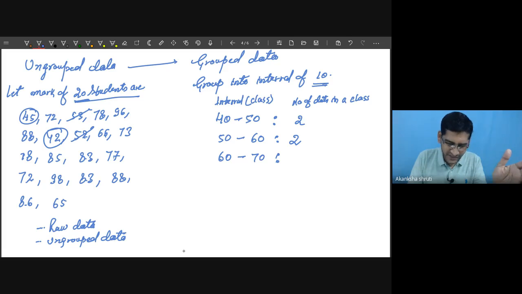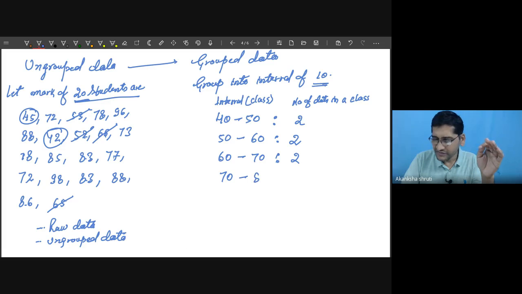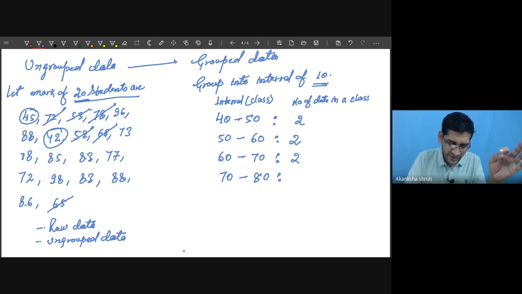Here we observe 66 is one, and 65 is the second, so also 2. Then 70 to 80: 72, 73, 78, 77, 72, 78, so the total number of students is 6.